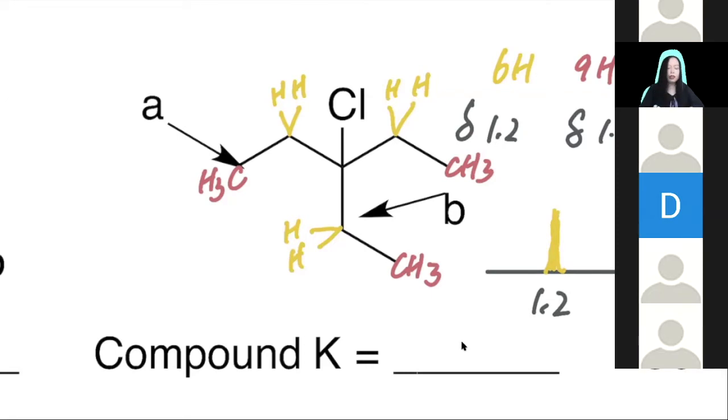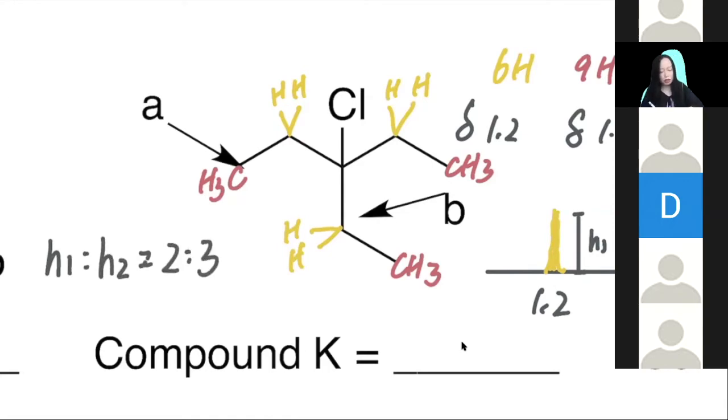If I don't tell you there are 6 protons in the yellow and 9 protons in the pink, the only information you can read, if we didn't give you the structure, is that you measure height 1 and height 2, and the ratio of height 1 to height 2 is 2 to 3.